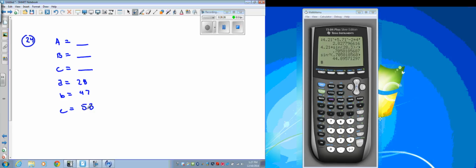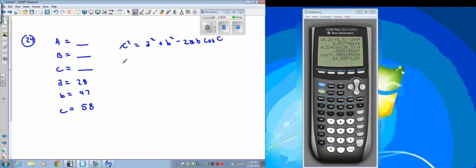C, right? So we're going to use the formula that says C squared equals A squared plus B squared minus 2AB cosine of C. And then we have to get that cosine C by itself.